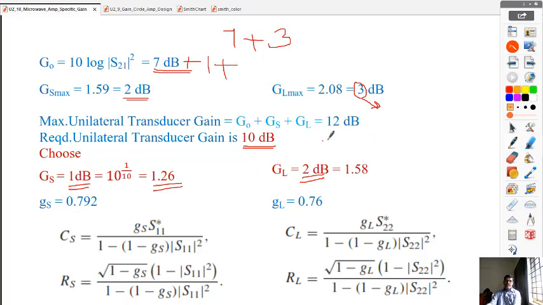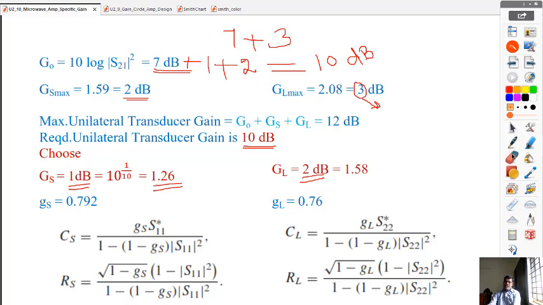Again we transform the 2 dB into a numerical number as 1.58. So now you add 2 dB from GL. So the total will be 7 plus 1 plus 2, 10 dB. So we have to design an amplifier of 10 dB gain. This way we can choose the GS value and GL value.